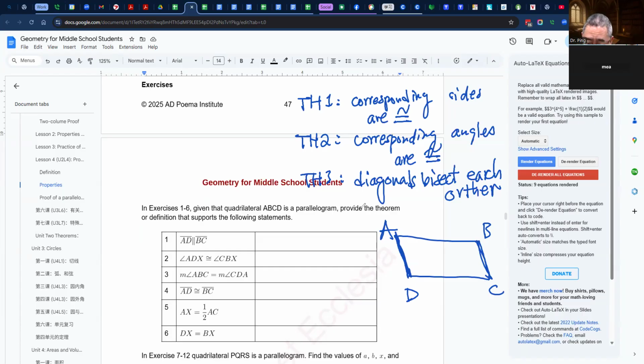We're trying to say which theorem it's based on, or the definition of the parallelogram. So what's the answer for one?